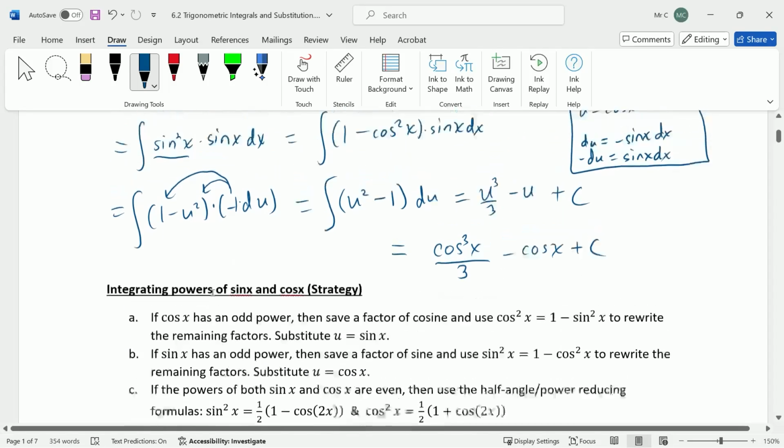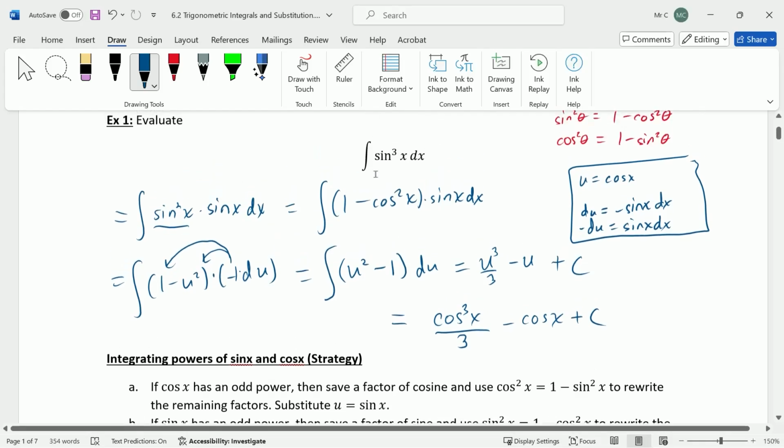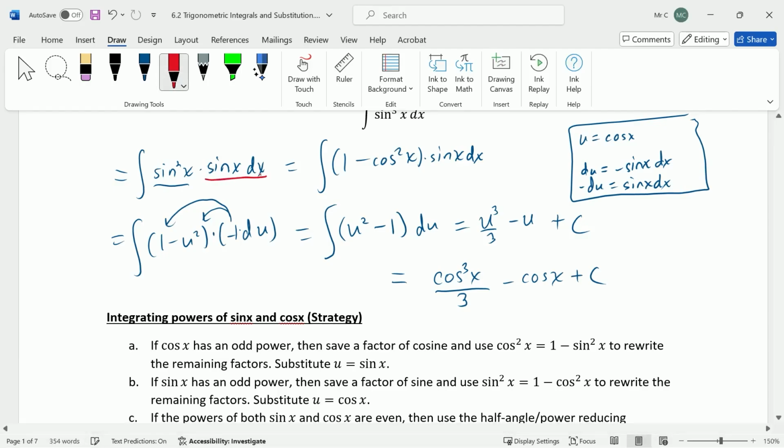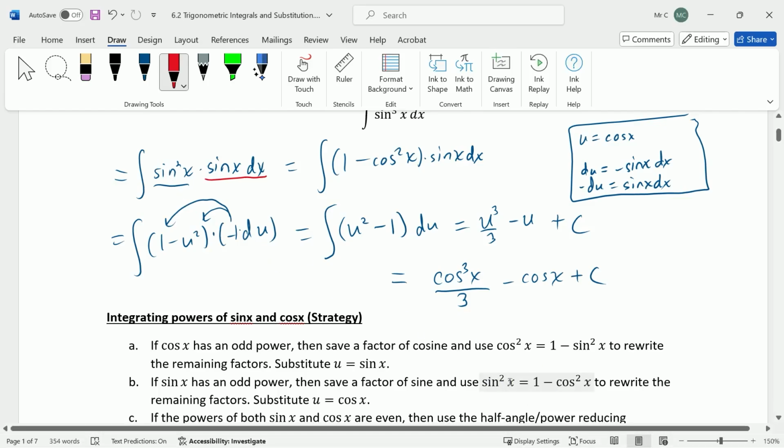So this option B here is what we did here. We had sine cubed. We saved a factor of sine by rewriting it as sine squared of x times sine of x dx. And then we replaced sine squared with 1 minus cosine squared of x. And after rewriting, we were able to do a normal substitution of u equals cosine of x and integrate.